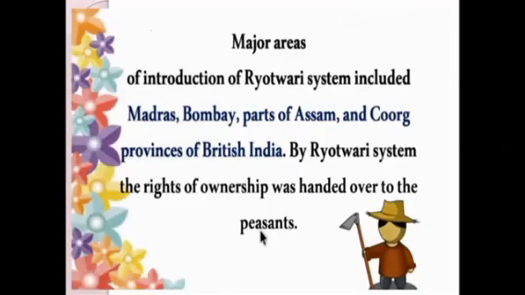Then, major areas of introduction of Ryotwari system included Madras, Bombay, parts of Assam, Coorg, provinces of British India.